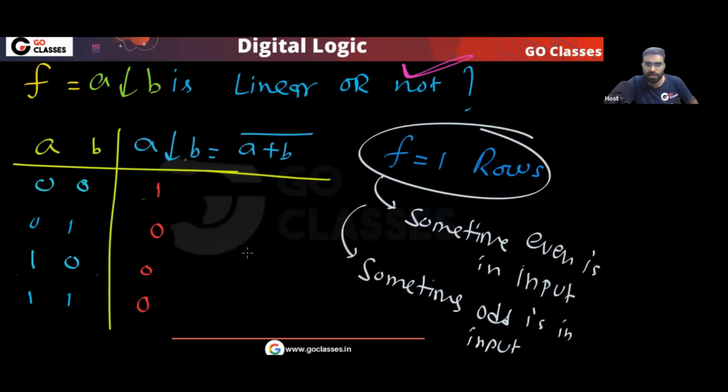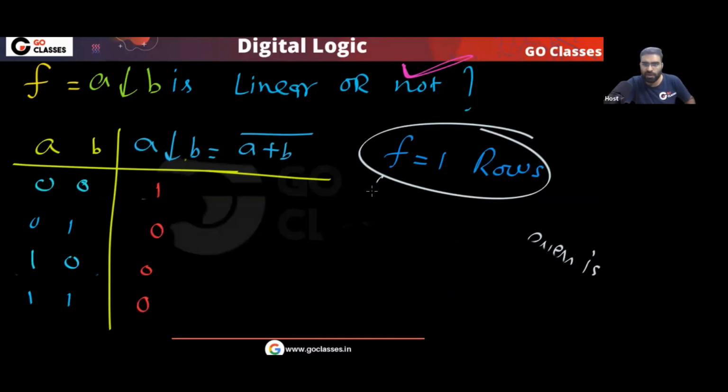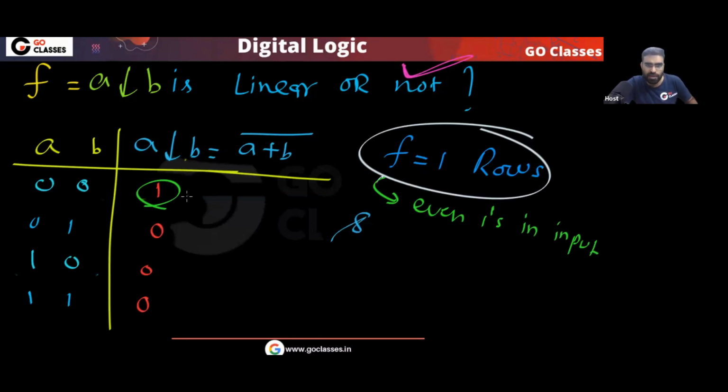Now you can see, whenever f is 1, you have an even number of ones in the input.